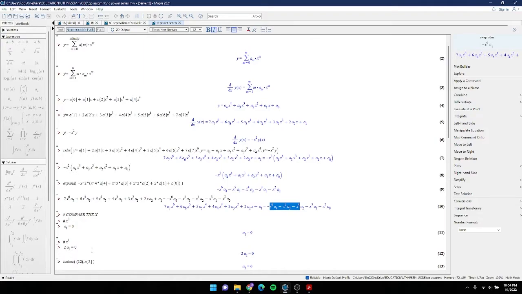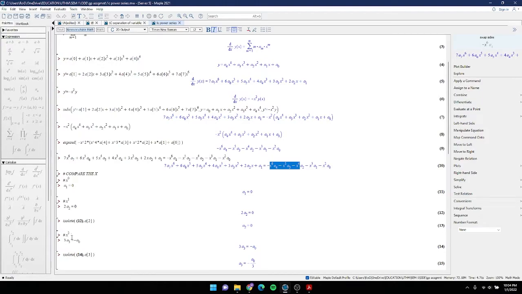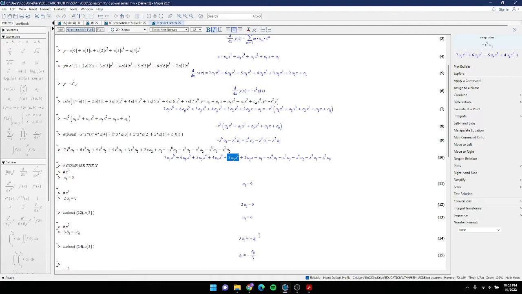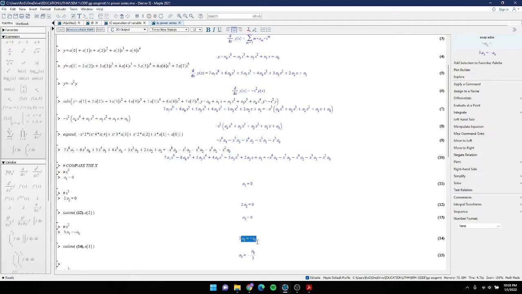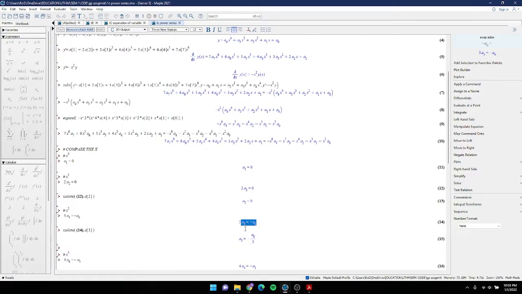So the value of a2 is 0. Then we compare for x to the power of 2. From the left hand side we got 3a3x squared, and for the right hand side we got negative a0 x squared. So we get 3a3 equals negative a0. Then we get the value of a3, which is negative a0 over 3.